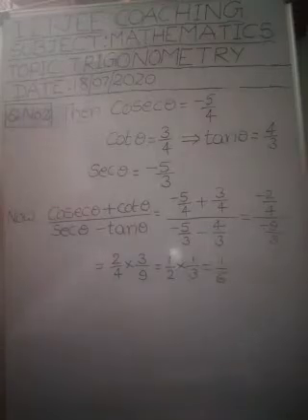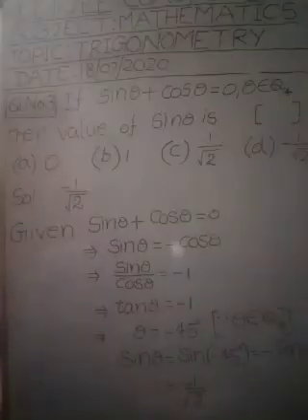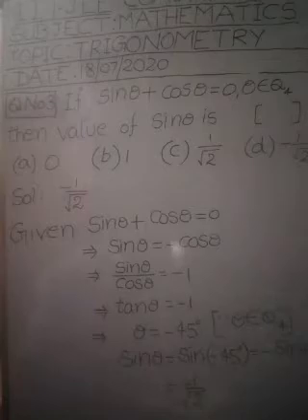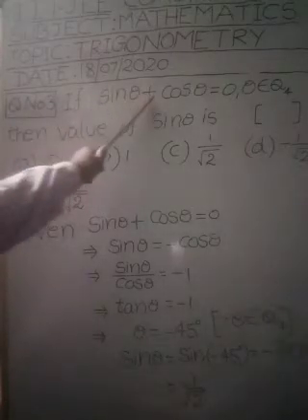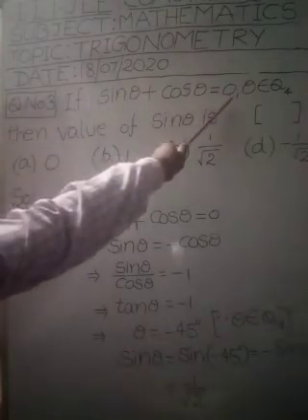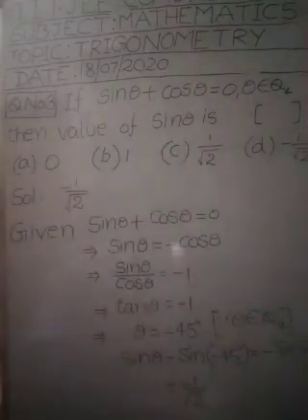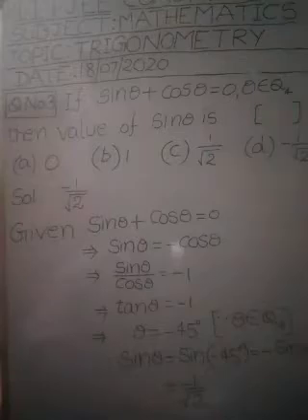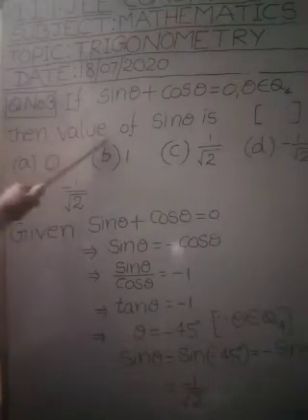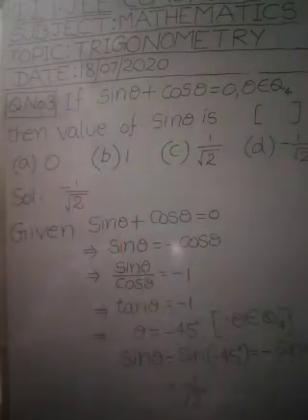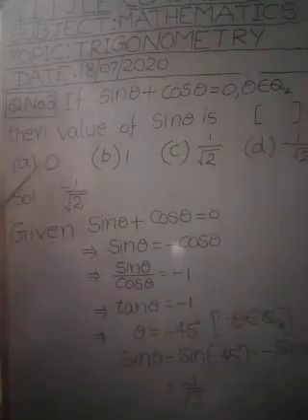Understood, my children? Now come to the next question. Third question. If sin theta plus cos theta is equal to 0, theta belongs to Q4, meaning the angle theta lies in the fourth quadrant, then the value of sin theta is, see the options.